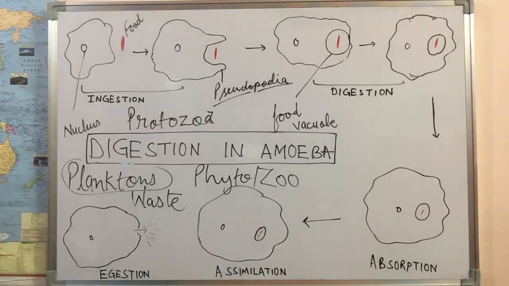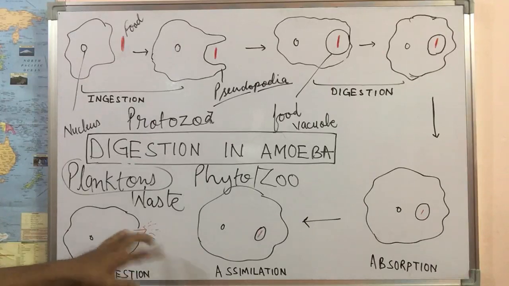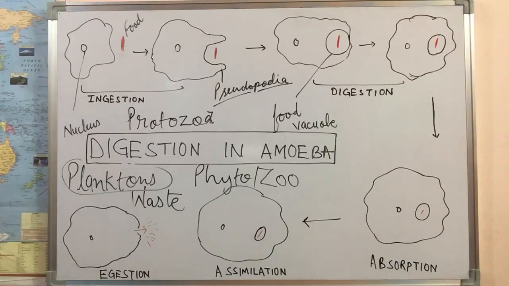It is a process in which food is dispersed in the body, and at last the waste material which is not absorbed by the body, or which the body cannot absorb, is egested. This is the waste part of the body. Okay, so this was all about digestion in amoeba. Do practice this diagram, beta.